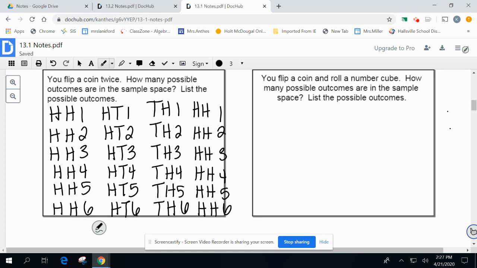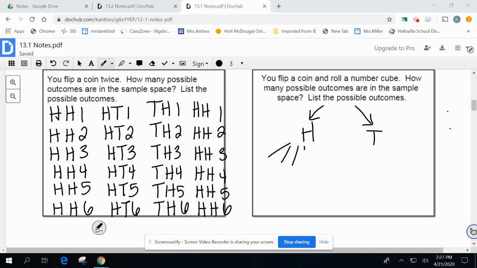So flip a coin and roll a dice. You would have the possibility of either heads or tails. If you flip your coin, you're either going to get heads or you're going to get tails. And then each of those would have an outcome of 6, because there are only 6 sides to a dice.